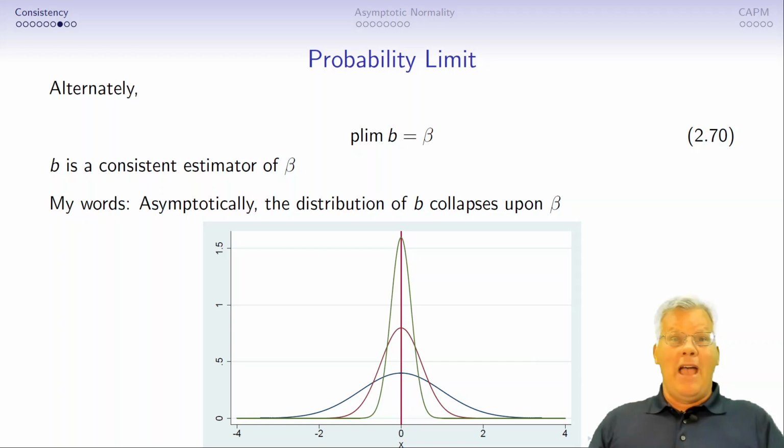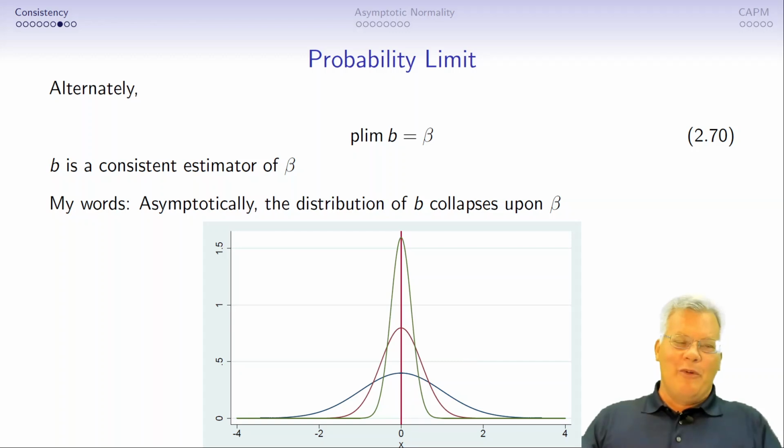Unbiased, you remember, was a small sample property, but here we're talking about large sample properties. Consistency is a large sample property. It's saying that as the sample size goes to infinity, b consistently estimates beta.